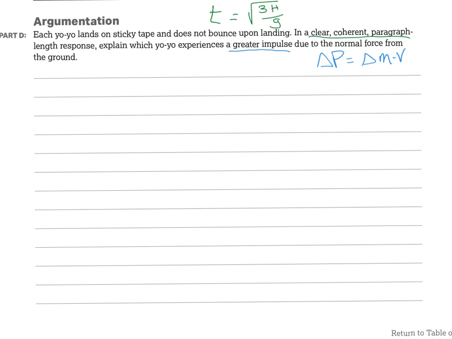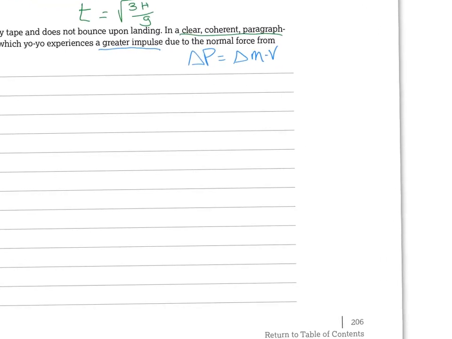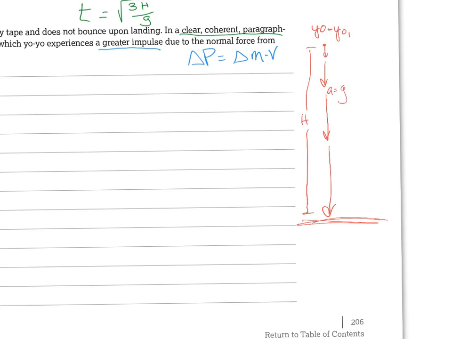So we have that math already kind of laid out as far as which one's going to be going fast, but just to review off to the side, yo-yo 1 was in free fall. That one started at rest and went faster and faster, and so by the time it dropped this height h, it was going pretty fast with an acceleration of 9.8, so a equaled g on the way down.